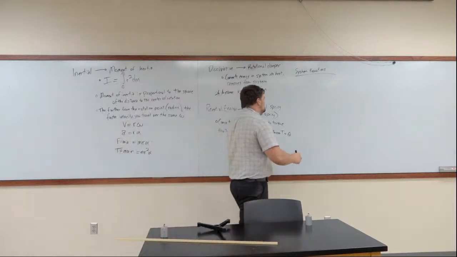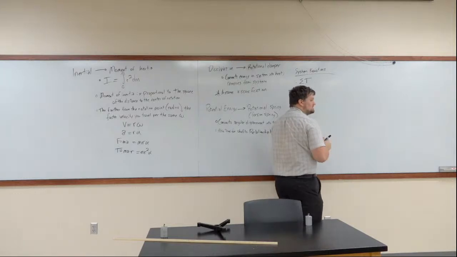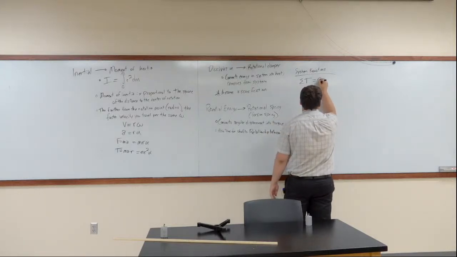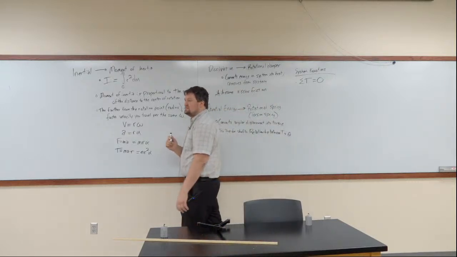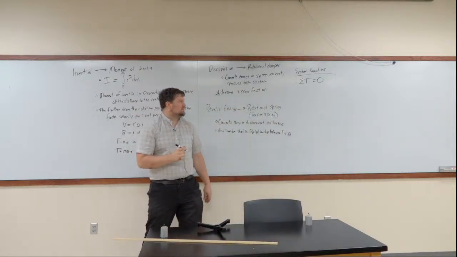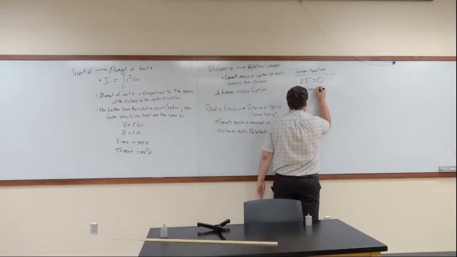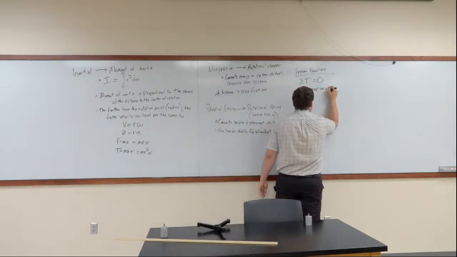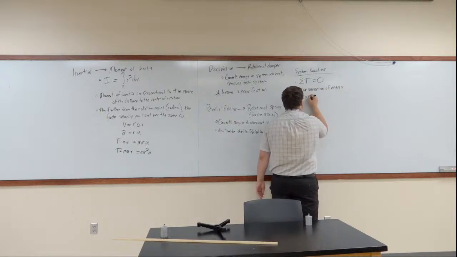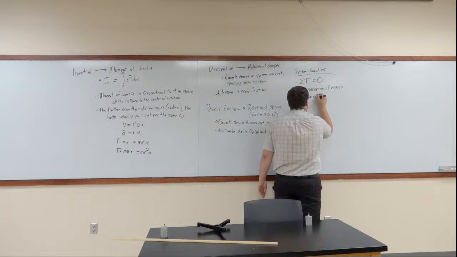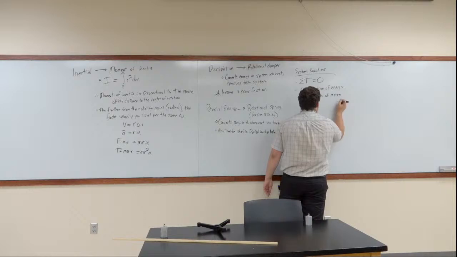One of them is the sum of all torques about your axis is equal to 0. We'll just replace F with a T. And then we also have the conservation of energy and the conservation of mass. I feel like we've seen this before.